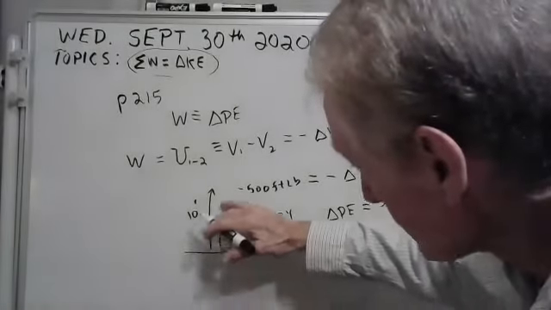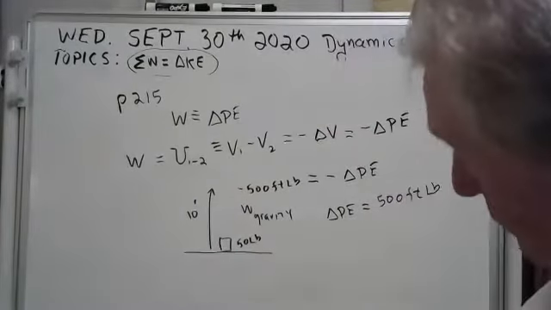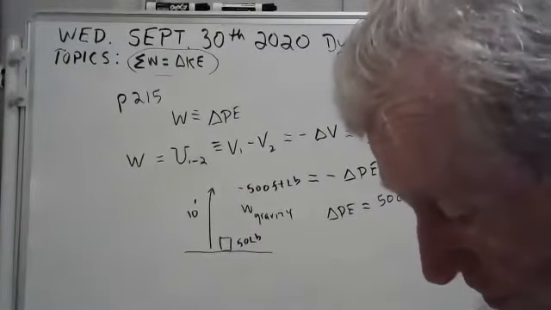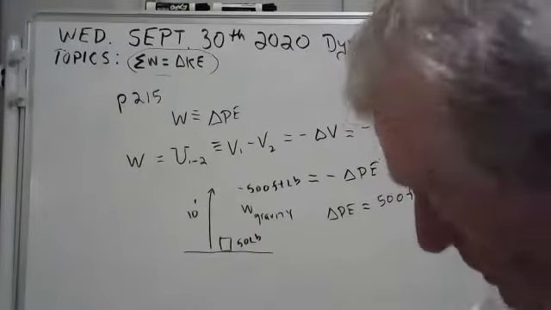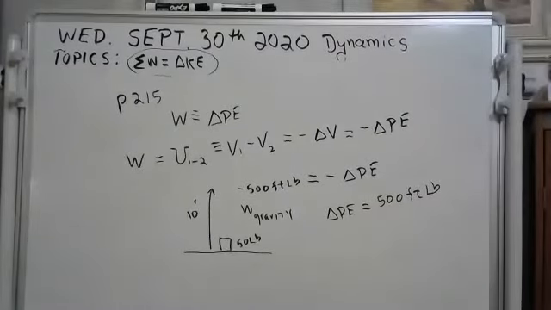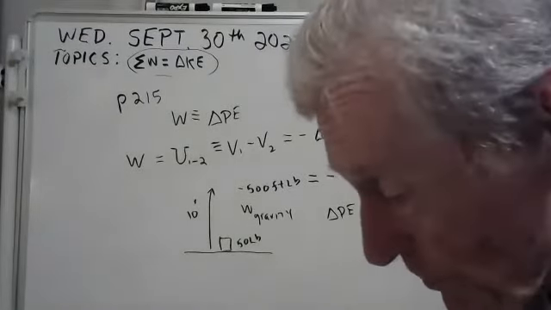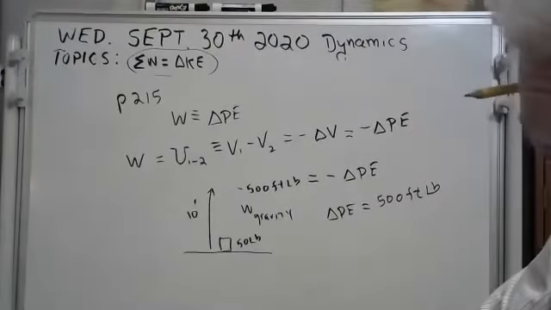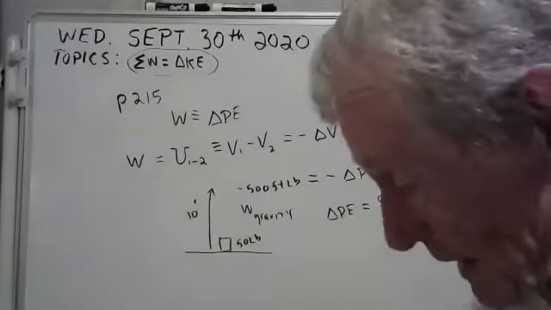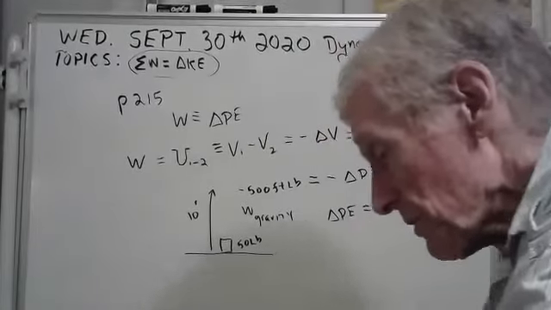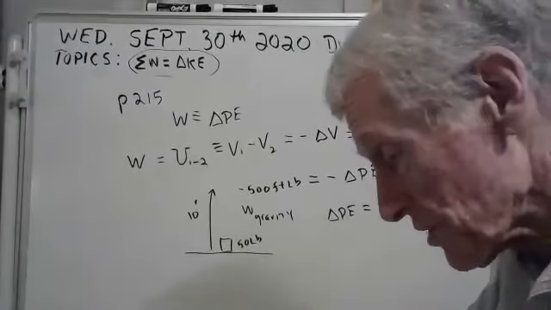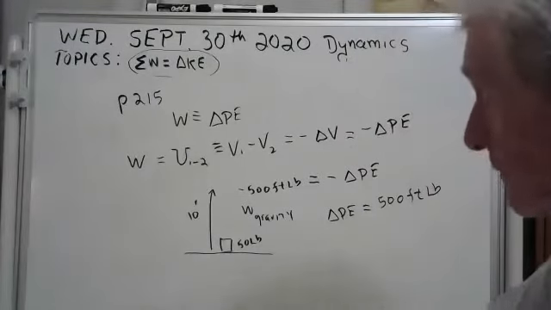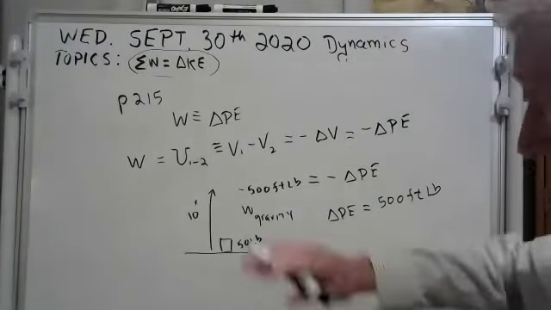If you lift a box up here 10 feet that weighs 50 pounds, it has increased its potential energy. It has now got 500 foot-pounds of gravitational potential energy. Now there's only two kinds of potential energy in this book that we study in dynamics.